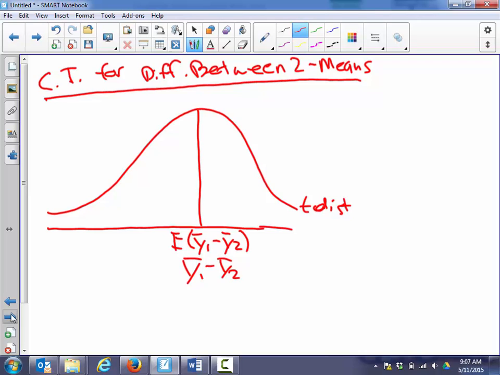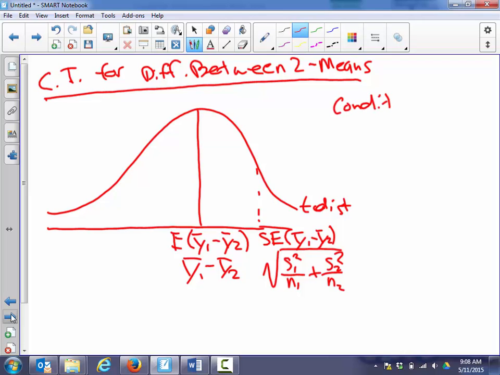The expected value of a mean from the first group minus a mean from the second group is just your sample mean from the first minus the sample mean from the second. You're talking about a standard error of y bar 1 minus y bar 2 that is the square root of, well, if you don't have population standard deviations, this would be S1 squared, your sample standard deviation from the first group squared, over N1 plus S2 squared, sample standard deviation from the second group squared, over N2, with the following conditions.